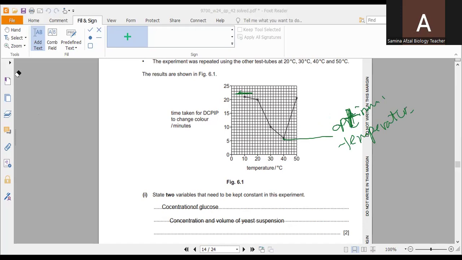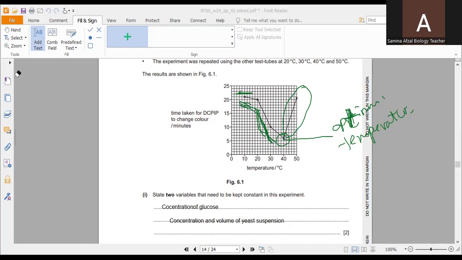Then after 40 degrees centigrade, you can see a straight line. After 40 degrees C, till 50 degrees centigrade, the curve is very straight.